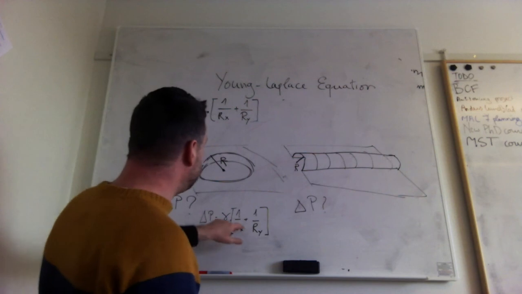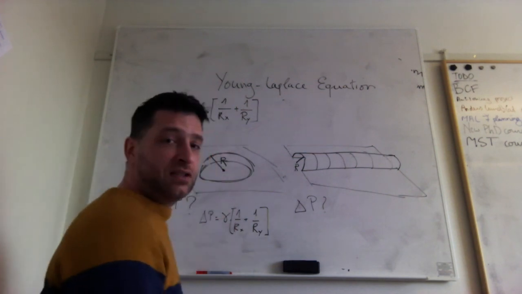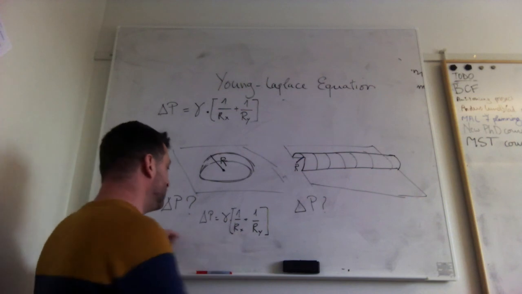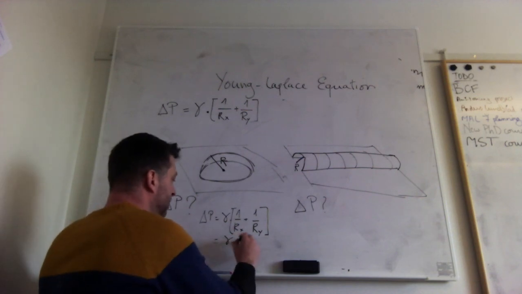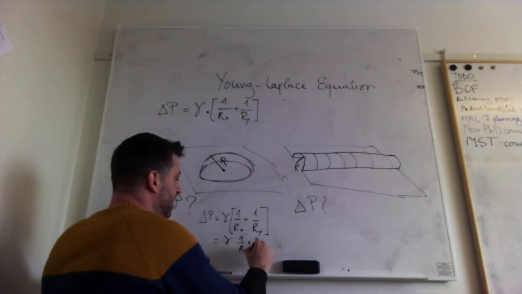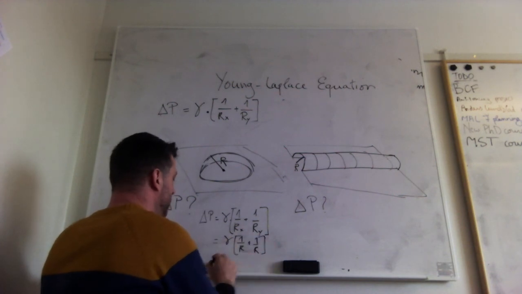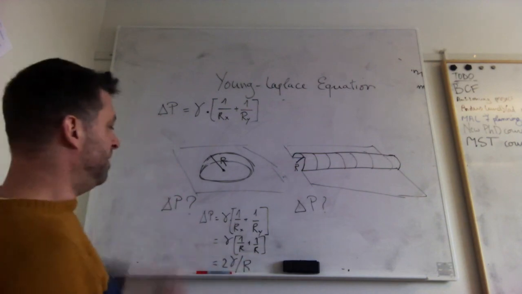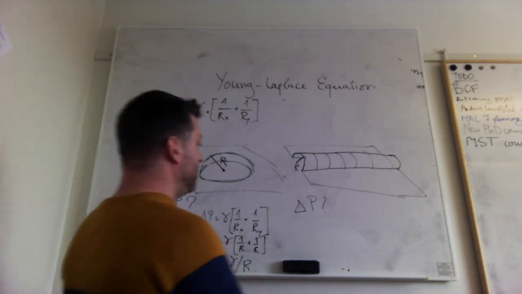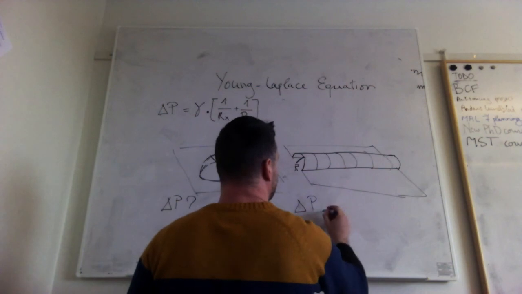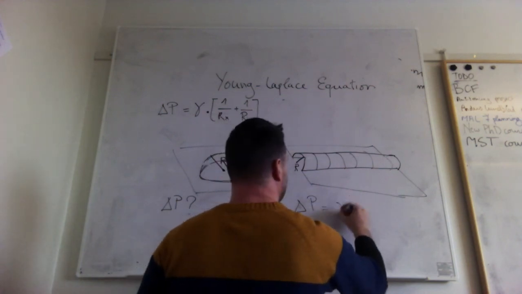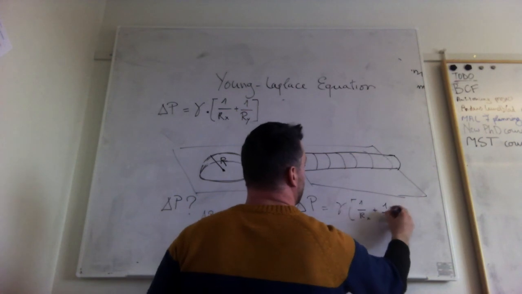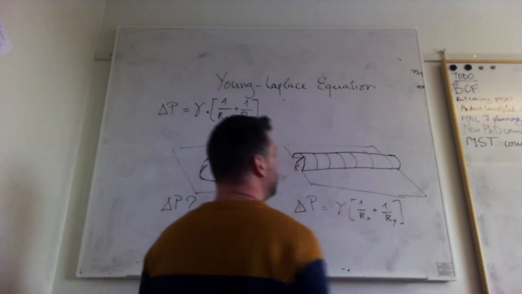And in this case, it's a spherical surface, so Rx and Ry are the same and equal to R. Both are R, so it equals gamma times 1 over R plus 1 over R, equals 2 gamma divided by R. Very simple formula. For a cylinder, I will see that delta P equals gamma times 1 over Rx plus 1 over Ry.